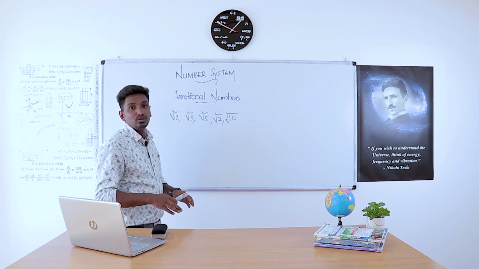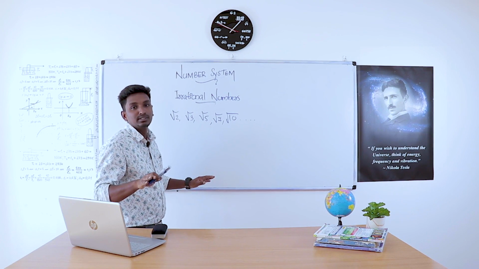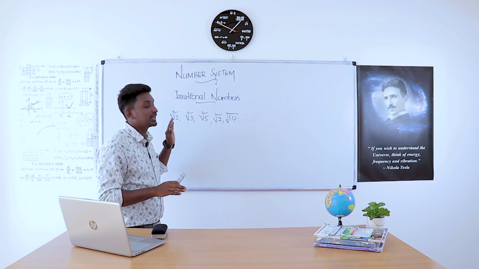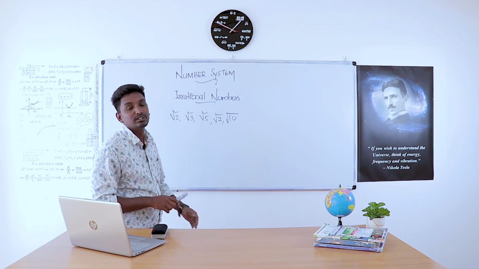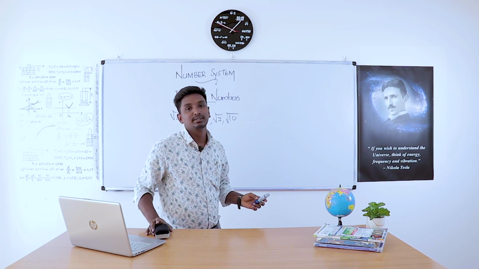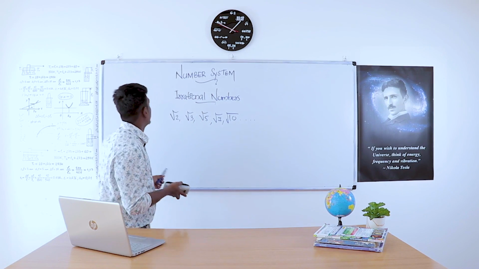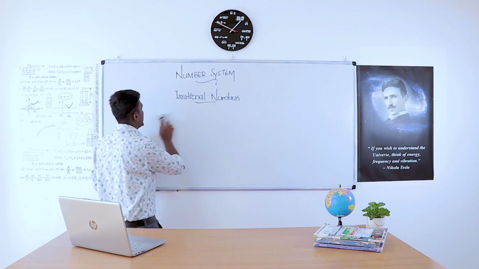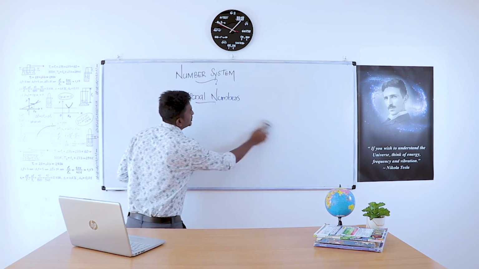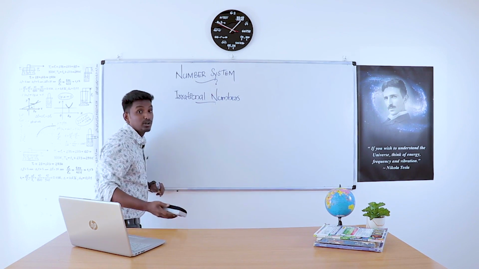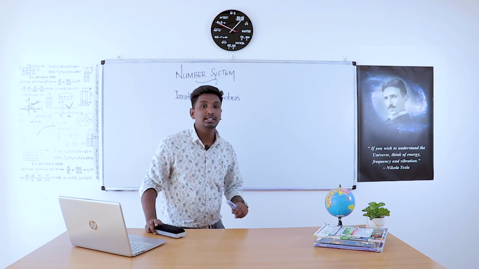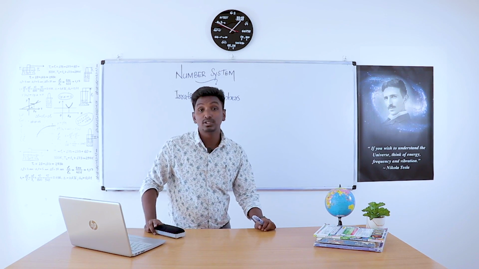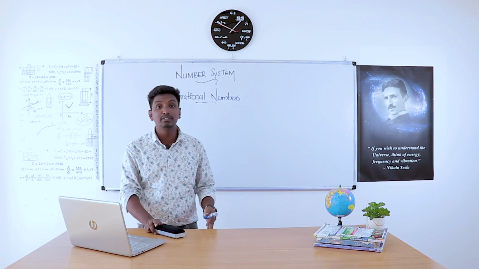So now you need not worry. You just remember root 2, root 3, root 5, root 7, root 10, etc. are irrational. Okay. But you will have a question from this topic: locate root 2 on the number line, or locate root 3 on the number line, or locate root 5 on the number line, or locate root 7 on the number line.